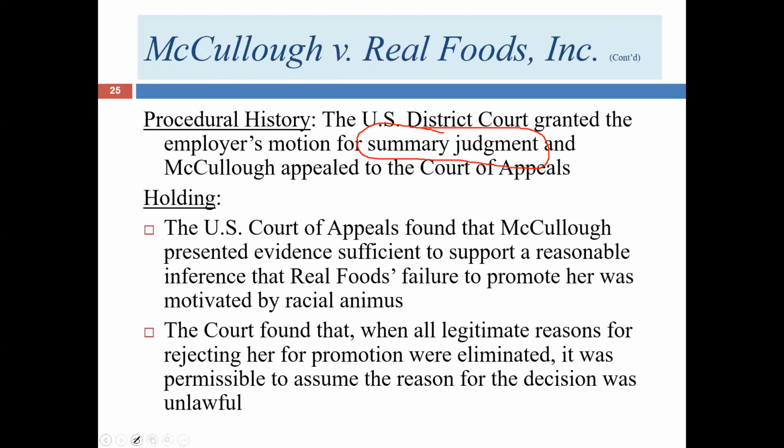So the 8th Court of Appeals is not saying McCullough wins. They're simply saying McCullough ought to get her day in court. She ought to be given the opportunity to try to persuade the jury. Maybe she'll be successful and win. Maybe she won't. That'll be for the jury to decide, but it shouldn't be the judge who removes the case from the jury, because there is a triable fact under these circumstances.